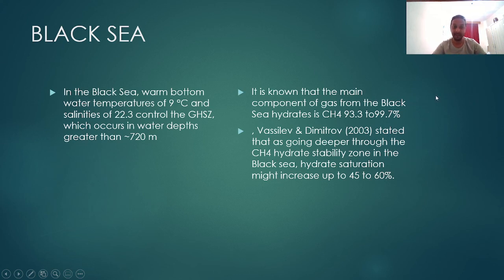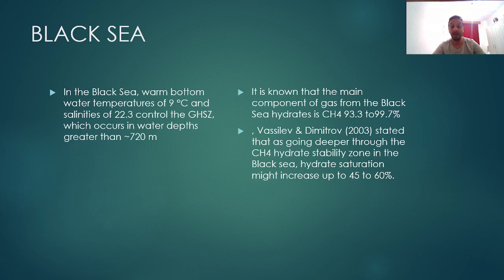In the Black Sea, a warm bottom water temperature of 9 Celsius and salinity of 20.3 control the gas hydrate stability zone, which occurs in water depth greater than 720 meters.